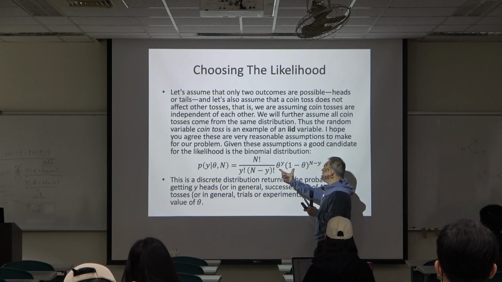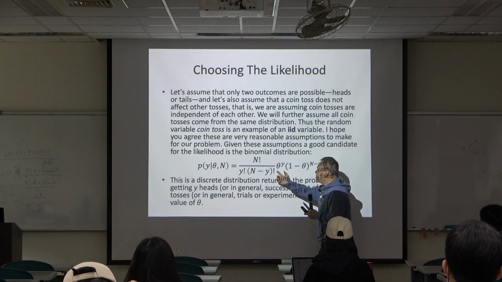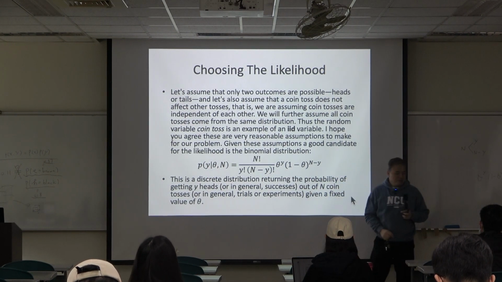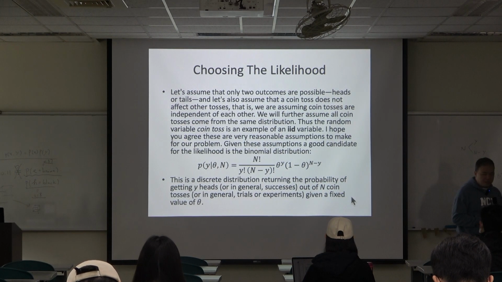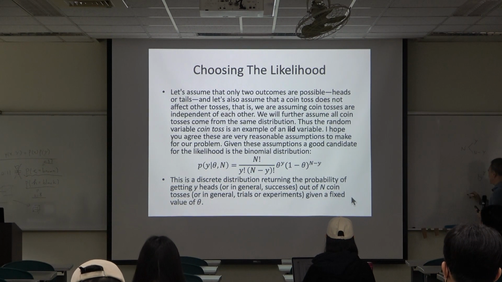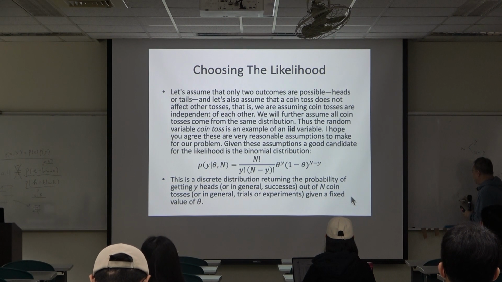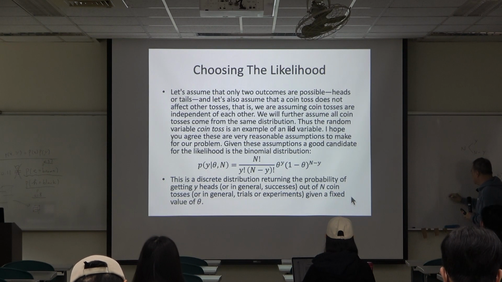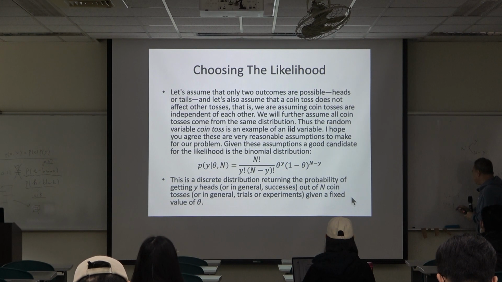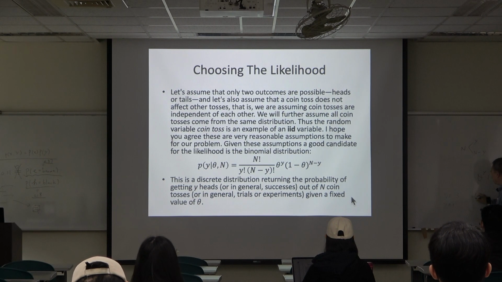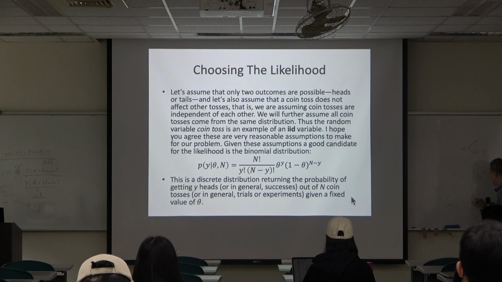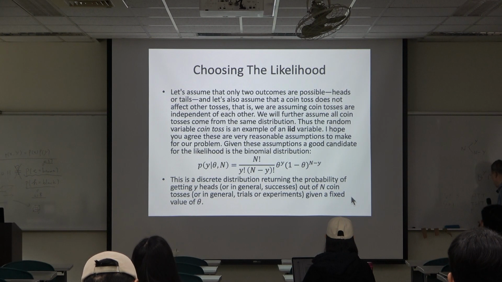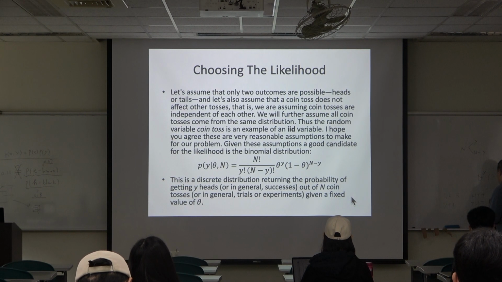But how many possible arrangements are there? For example, if you have three trials, n is 3 and y is 1, then you can have HTT, THT, or TTH.